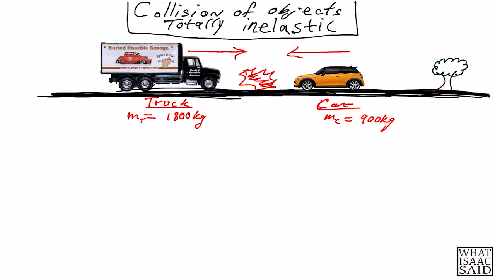Let's say the truck is traveling with a velocity of 15 meters per second to the right, so I'm going to put a plus there. And the velocity of the car is minus 18 meters per second. I put a minus because it's going in the opposite direction.